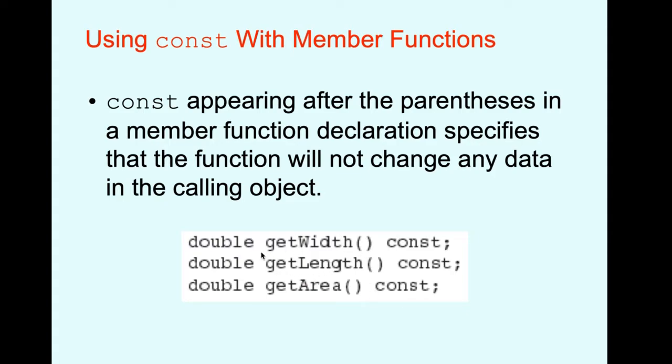Such a function, which is not used for changing or applying some functionality, we mostly make const. This const functionality is quite common. You can apply it on a function and you can apply it on a variable also.